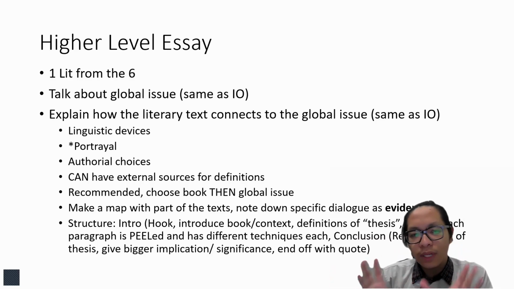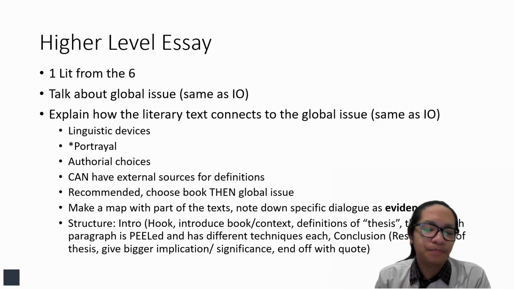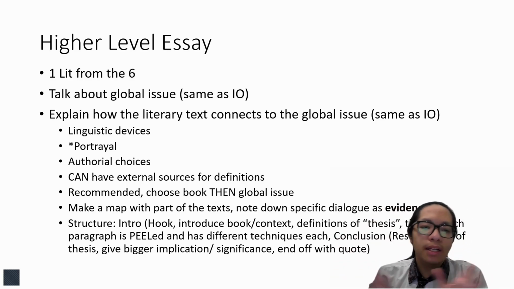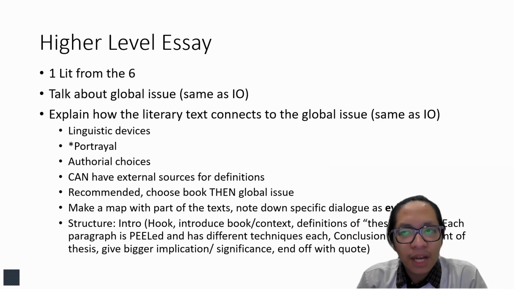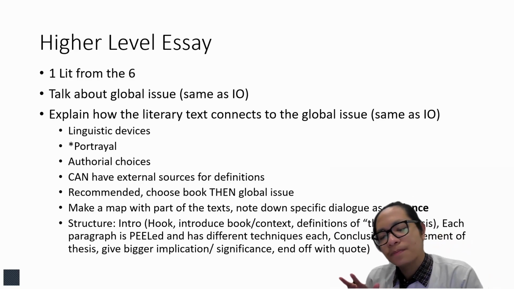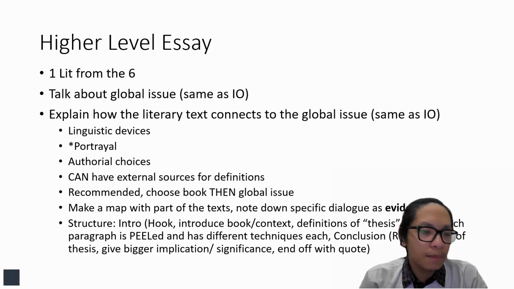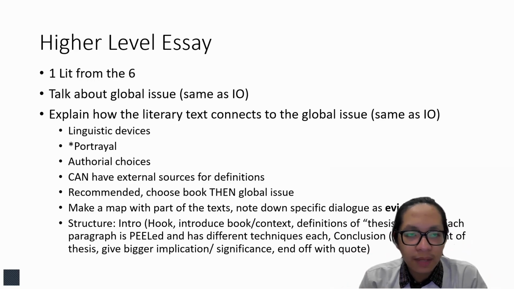You could place that in your introduction. In your body paragraphs, you just use PEEL and you write a lot. I believe this is 1,500 words, so you can divide the words very equally. And then after that, you have your conclusion. Again, exactly the same conclusion as for the other types of English A works. So it's very consistent and it'll be worth the while to use this format.